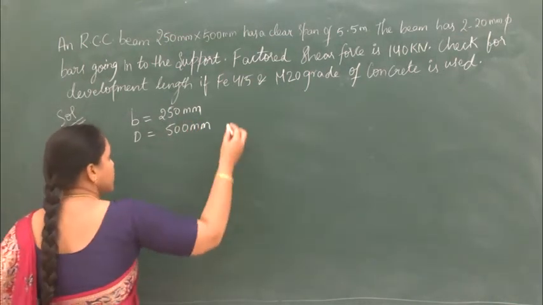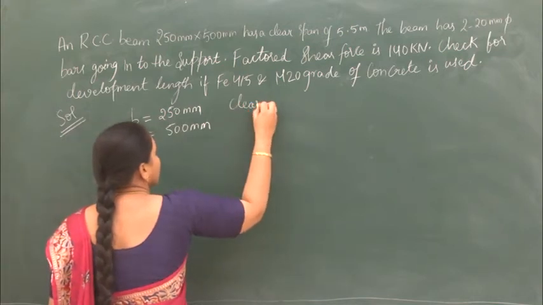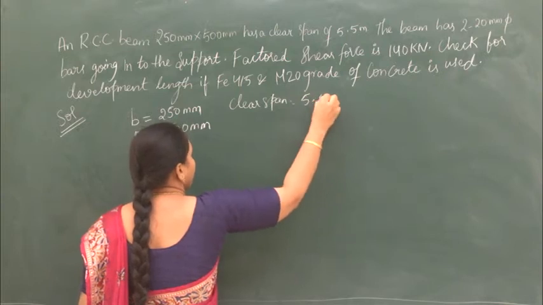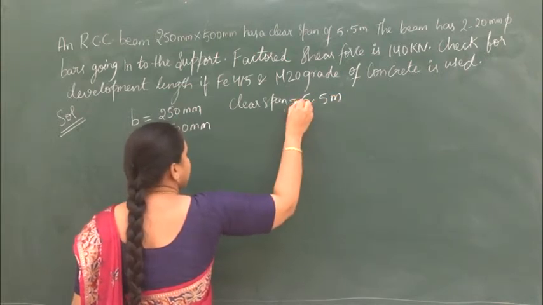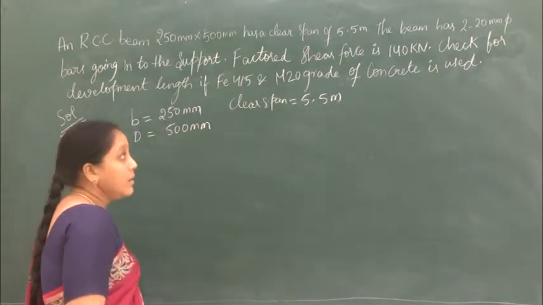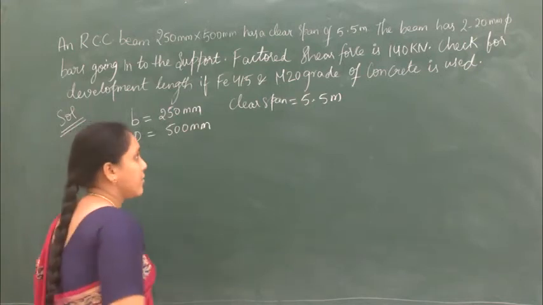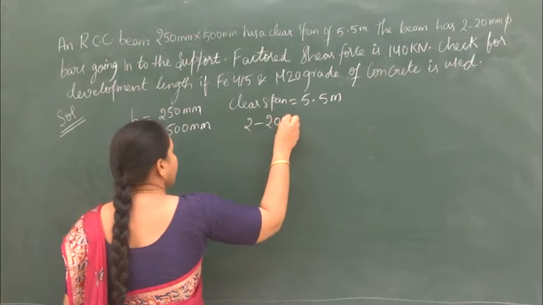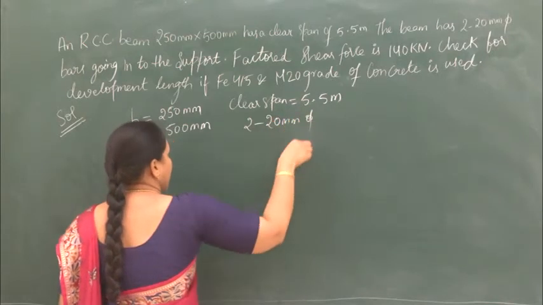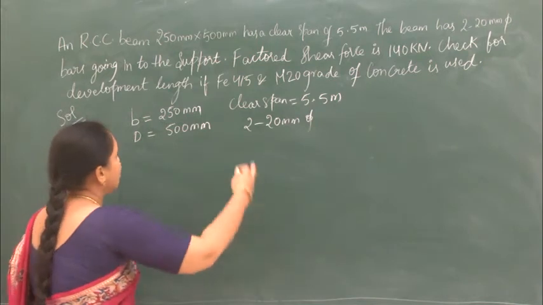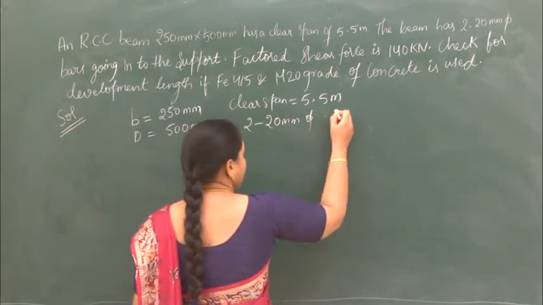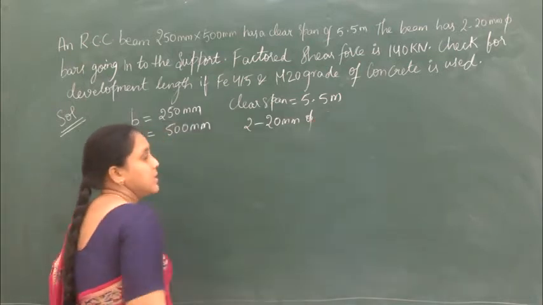The clear span is 5.5 meters. The number of bars is 2 bars of 20 mm diameter. From this we can find out the area of steel.